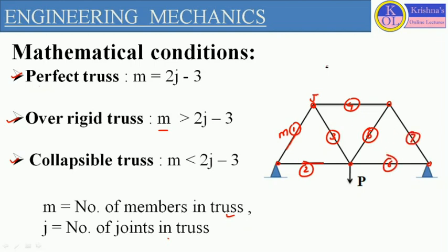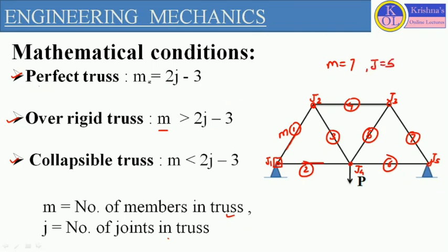So we have 7 members, and similarly we will count the joints. Joint J1 is our first joint, J2 is our second joint, J3 is our third joint, J4 is our fourth joint, and J5 is our fifth joint. So here m equals 7 and j equals 5.